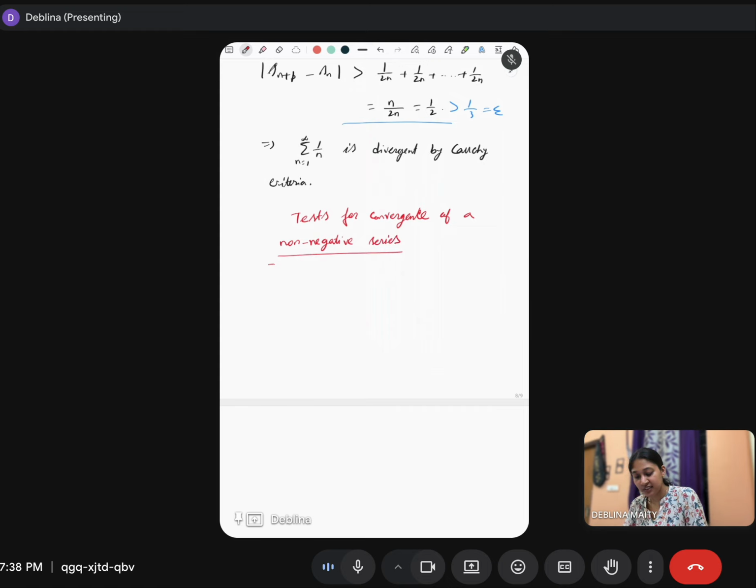Non-negative series means each term of the series is non-negative. So the first test is the comparison test.